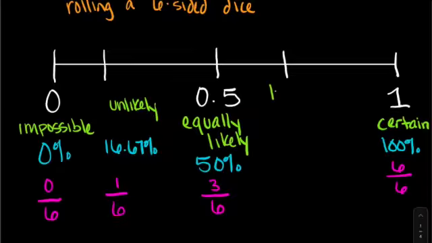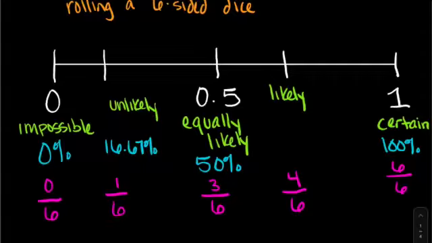Now looking at the values between 0.5 and 1, if we land in between these values, we would describe that as a likely event. If it's more than 50% but less than 100%, we can use the term likely. Going back to my 6-sided dice, if I want to know the likelihood that I would roll a 1, 2, 3, or 4, there would be 4 opportunities out of 6 for me to roll the numbers 1, 2, 3, or 4.